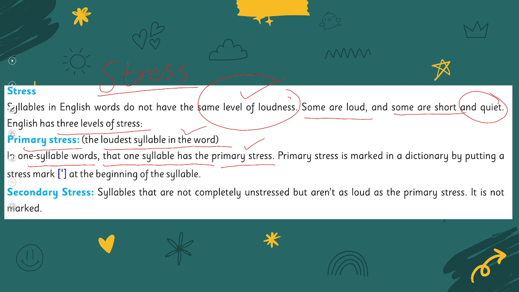If you have a word with only one syllable, then you have to give the primary stress on that one syllable. Primary stress is marked in a dictionary by putting a stress mark, which looks like an apostrophe, at the beginning of the syllable. You can find examples in the next slide.